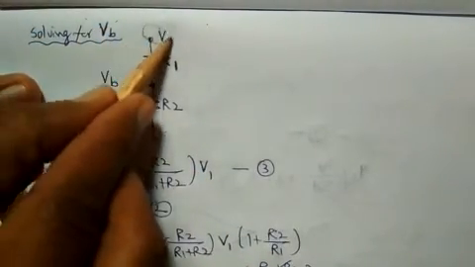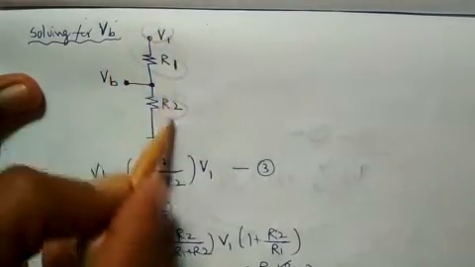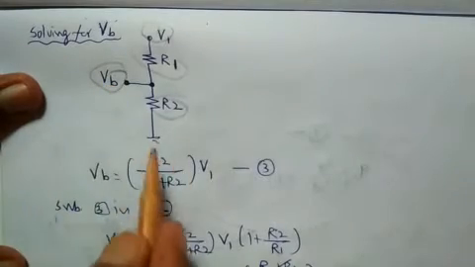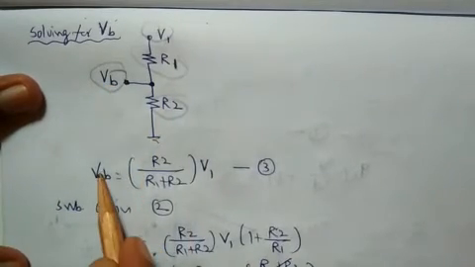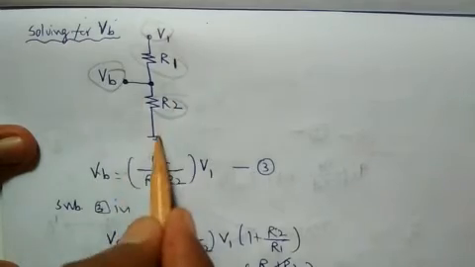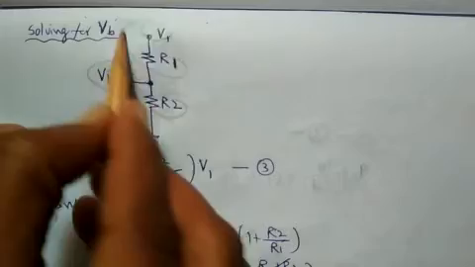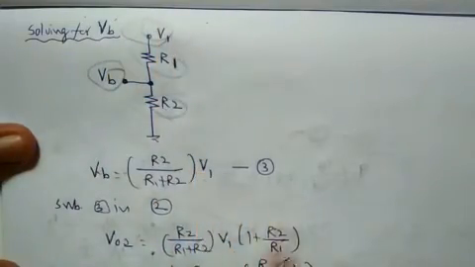The input to the potential divider is V1, and R1 and R2 are involved in dividing the potential, and the divided potential is VB. R2 is grounded. So VB can be calculated as the component which is directly grounded divided by the addition of both the components, R1 plus R2, into the source to the potential divider V1.